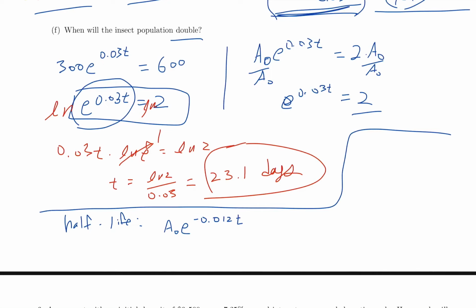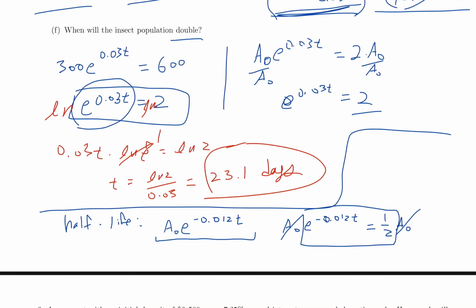If this is the population equation, the half-life is we set that equation equals 1/2 of a sub 0, whatever a sub 0 is. So then, when we solve for it, a sub 0 will cancel out. So you just solve for this equation for half-life essentially.